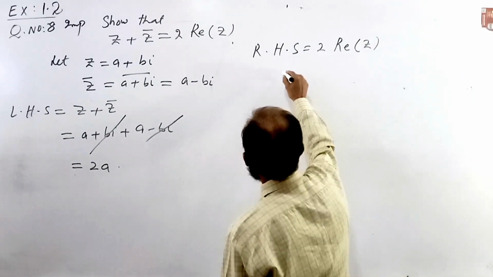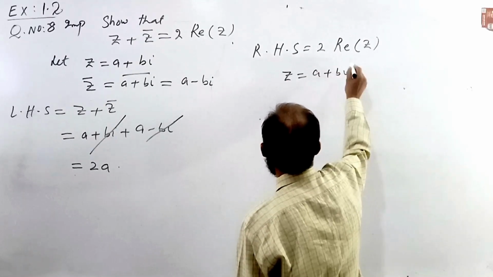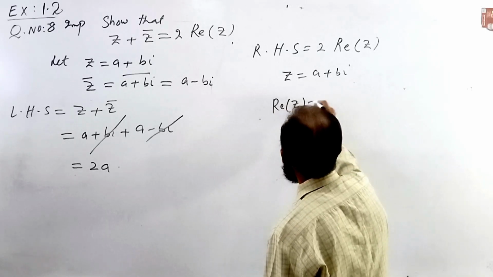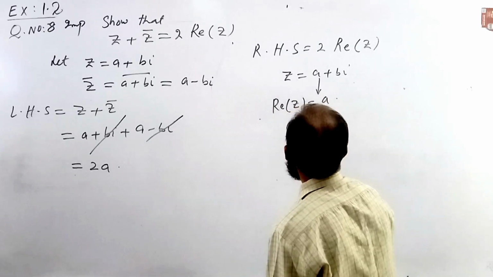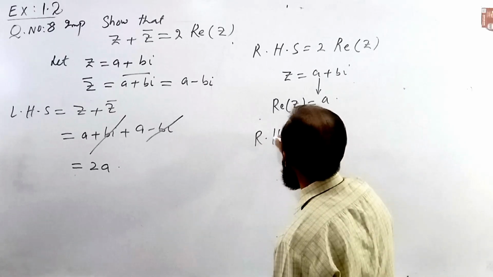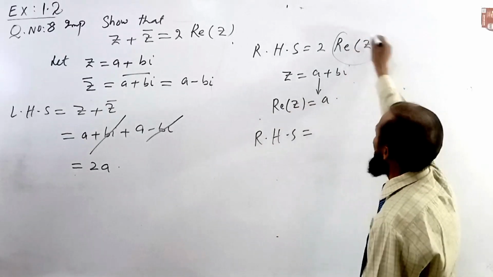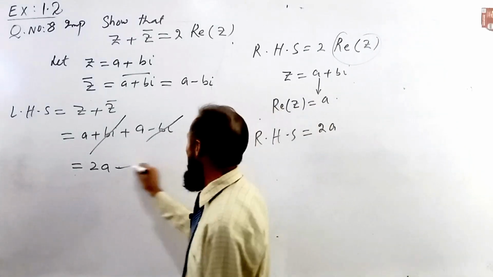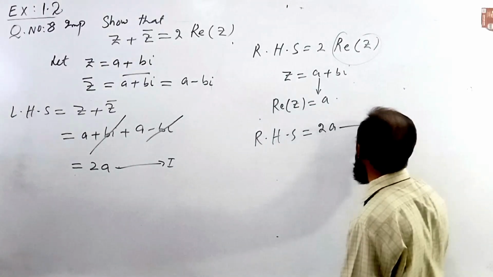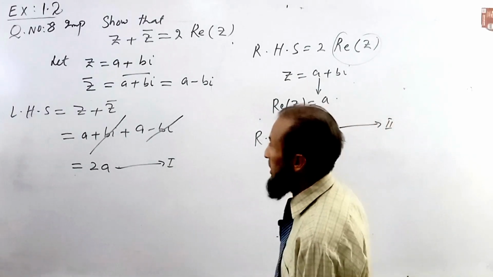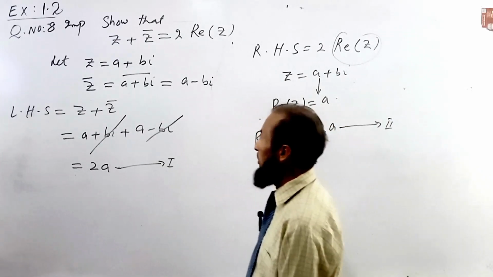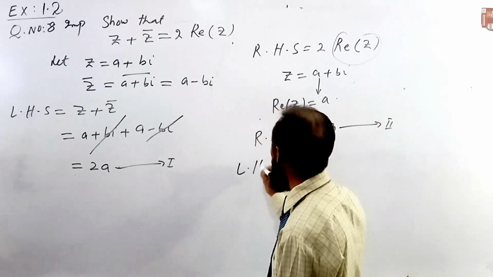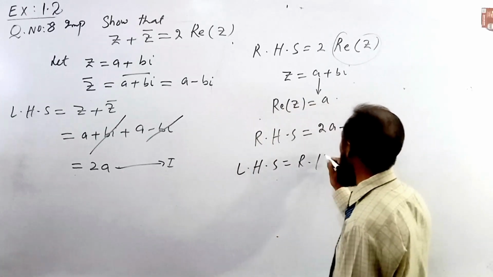We know z is a plus bi, and the real part of z is a, so the right hand side is 2a. Comparing equations number 1 and 2, we get left hand side equal to right hand side.